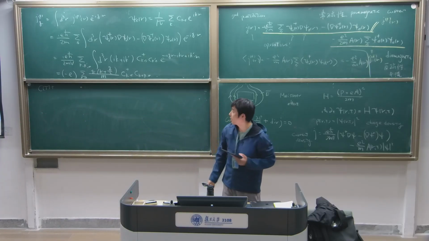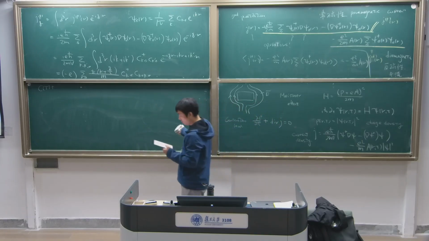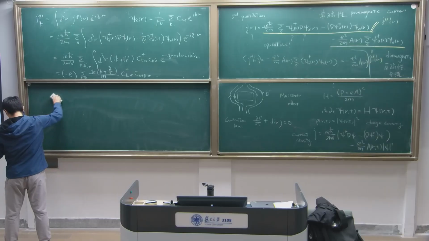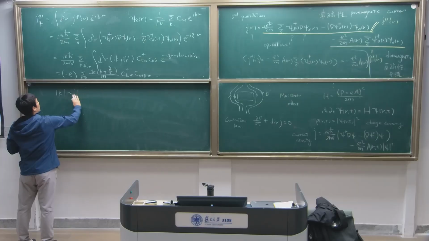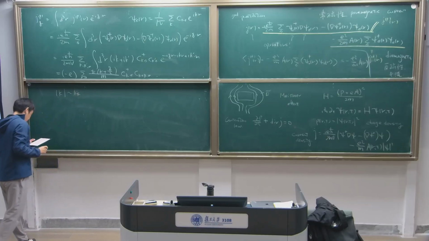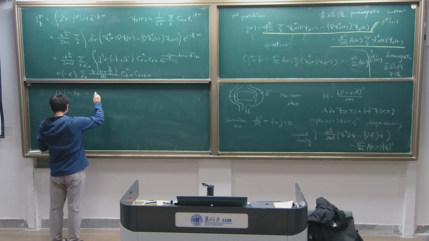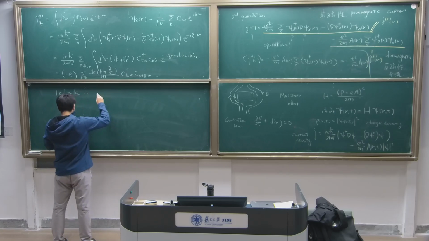Okay. And here K is roughly the fractional momentum, and so this is roughly the inverse of lattice spacing.